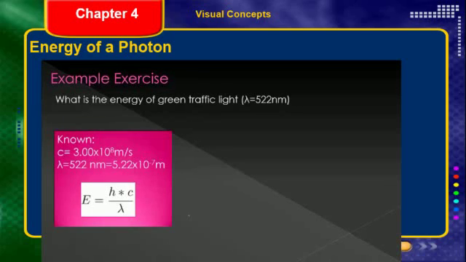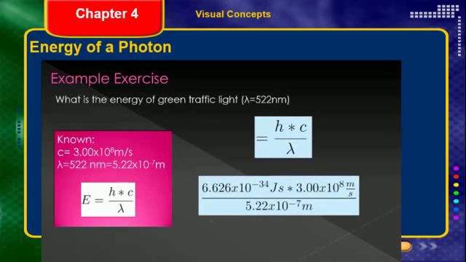We're given the wavelength in nanometers, and so we're going to need to convert that into meters before filling it in. If you're unfamiliar with the metric conversions, please review the material in your book and visit office hours for extra help to get you caught up on it. From here, we simply calculate and have our answer.